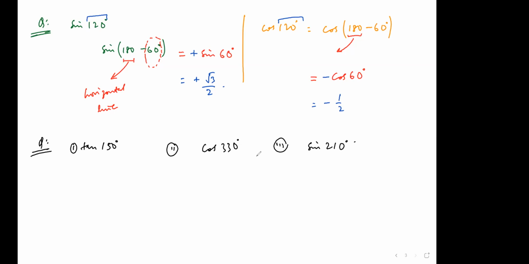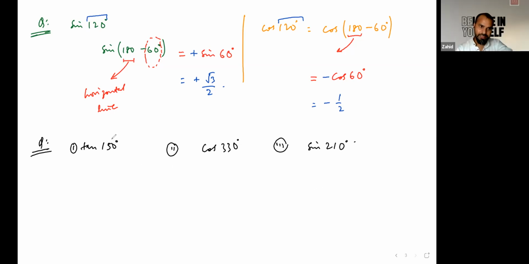So, sir, we have to do it all in relation with 180 degree? Yeah, just write this particular angle in relation with 180 degree or the nearest horizontal line angle.